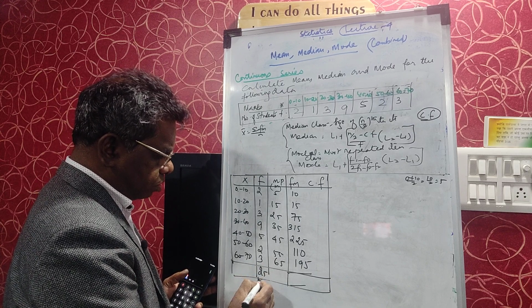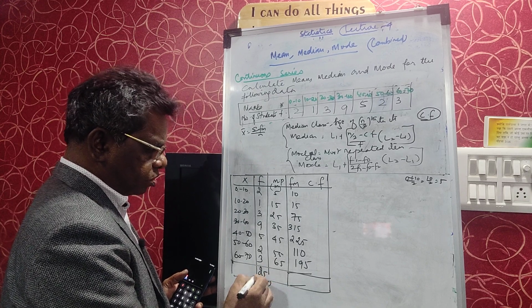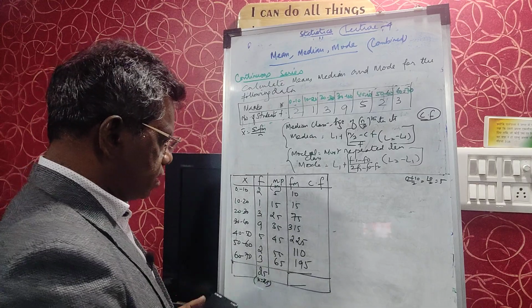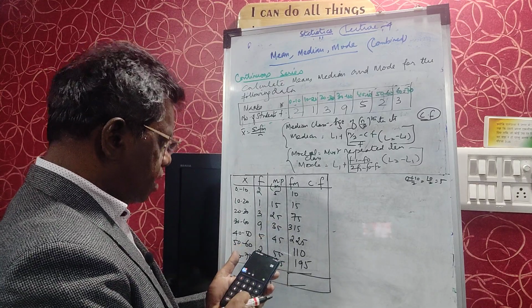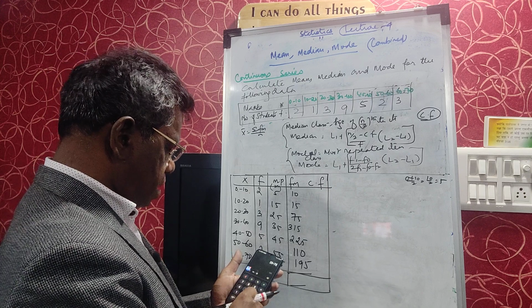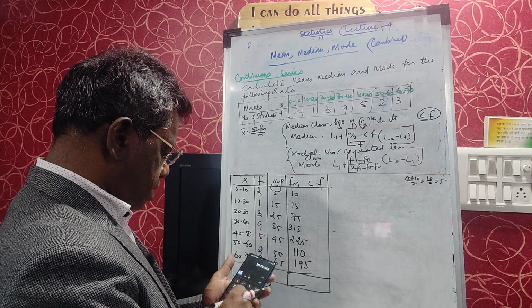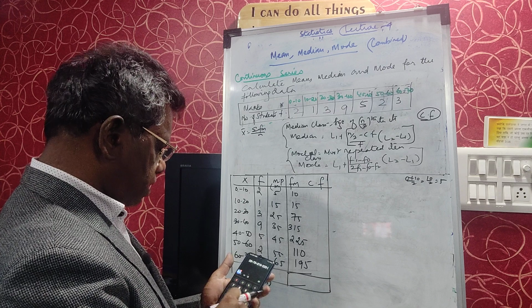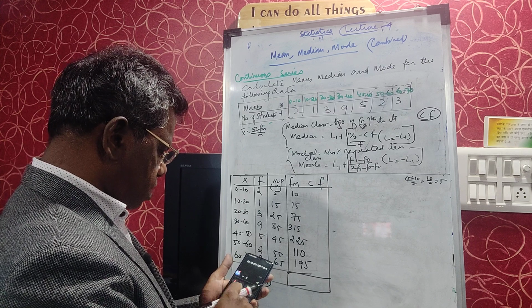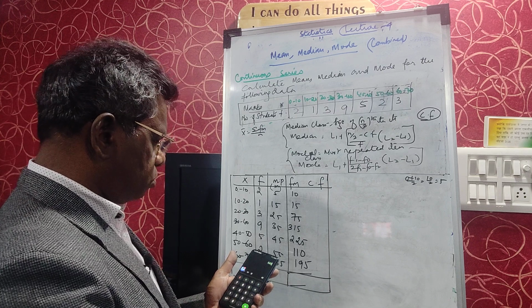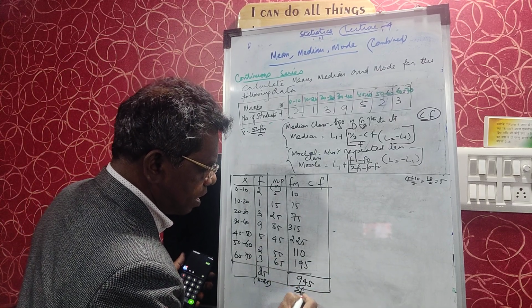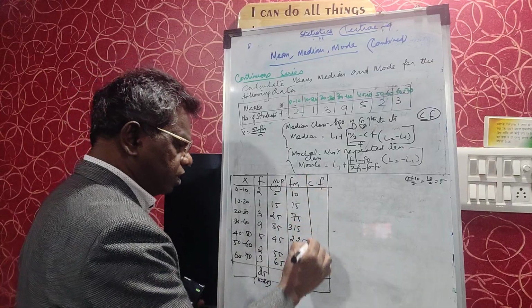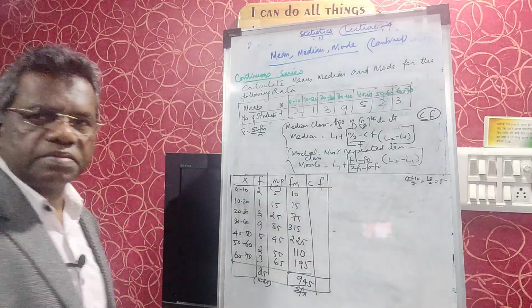So n is equal to 25. And here you have to add: 10 plus 15 plus 75 plus 315 plus 225 plus 110 plus 195 is equal to 945. This is sigma fm.